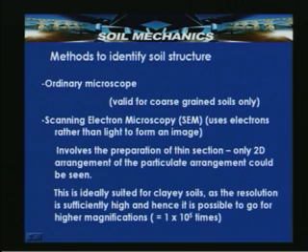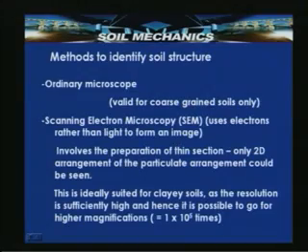One of the methods for coarse grained soils is to use an ordinary microscope, which is valid for coarse grained soils only. For looking at particle arrangement in case of clay soils, the scanning electron microscopy, SEM, method is widely used. In this scanning electron microscopy, it uses electrons rather than light to form an image, and involves the preparation of a thin section and allows us to look at the 2D arrangement of the particulate arrangement only.